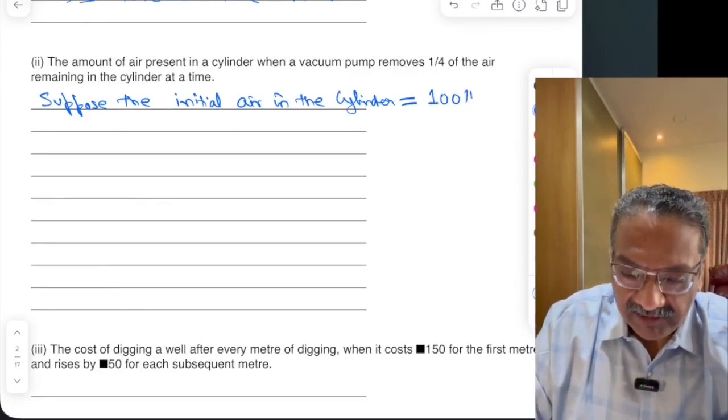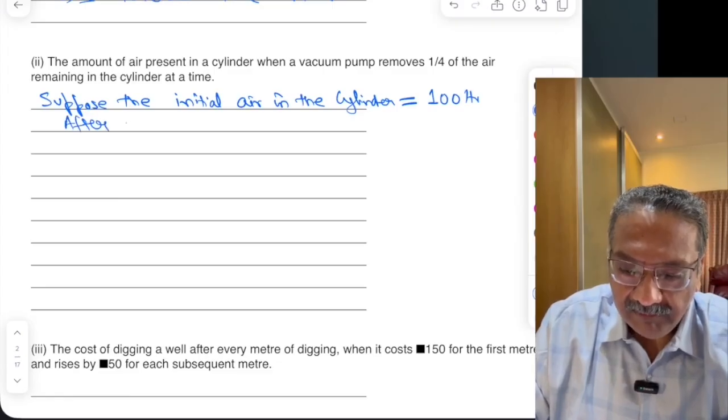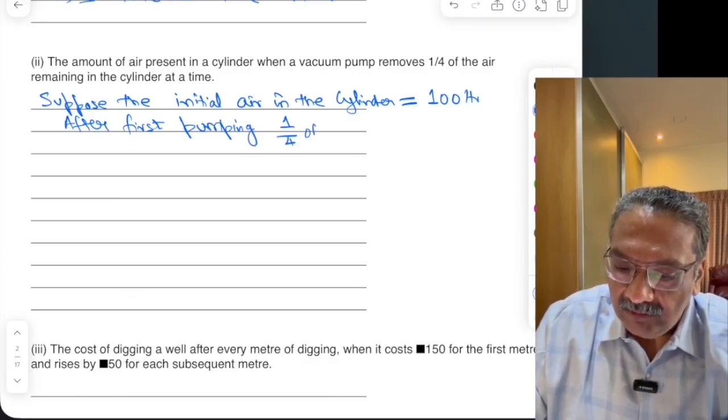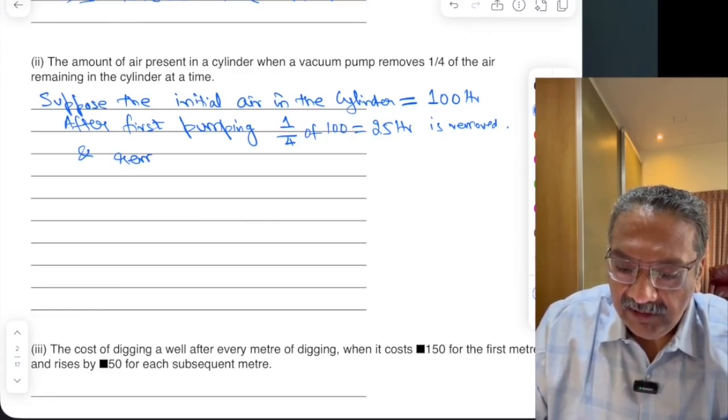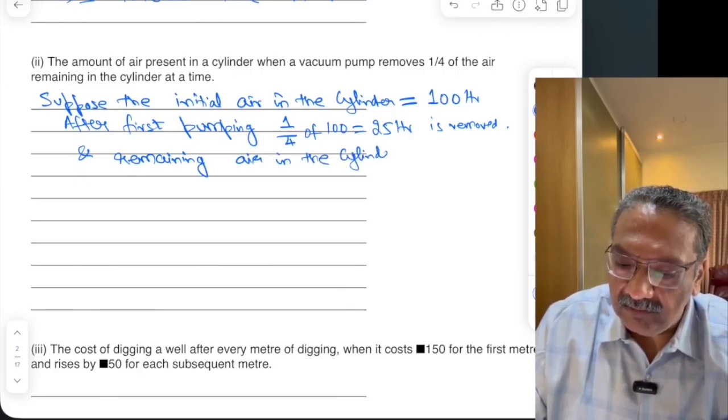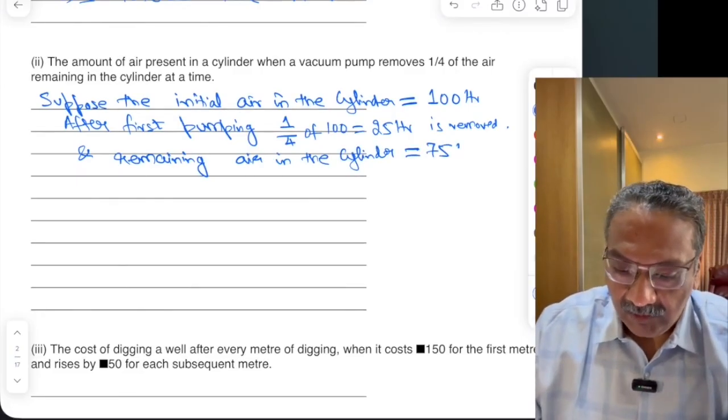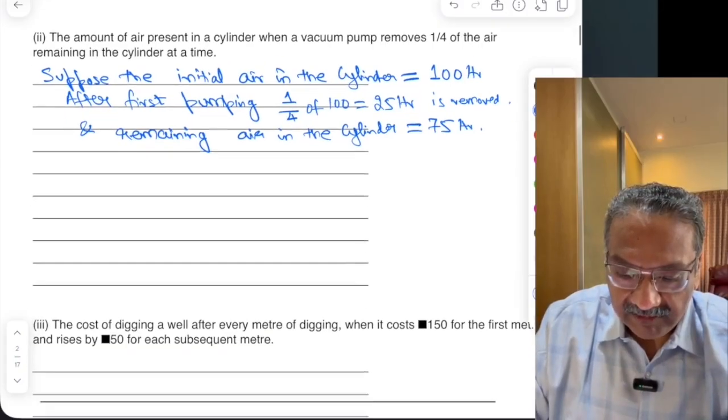So, after first pumping by vacuum pump, 1/4 of 100, which is equal to 25 liters, is removed, and remaining air in the cylinder is equal to 75 liters.